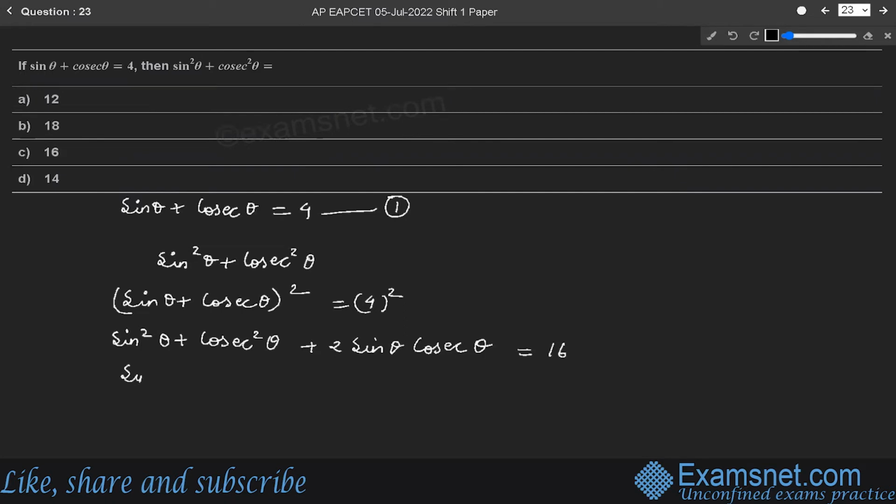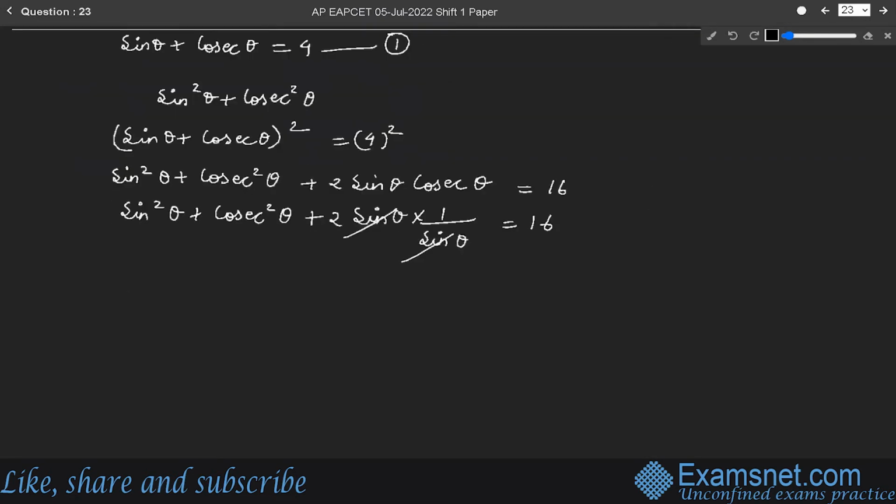So it can be further written as sin square theta plus cosec square theta plus 2 into sin theta into 1 upon sin theta. We know that cosec theta is 1 upon sin theta. It is equal to 16. Sin theta and sin theta will be cancelled. So it will be sin square theta plus cosec square theta plus 2 is equal to 16.